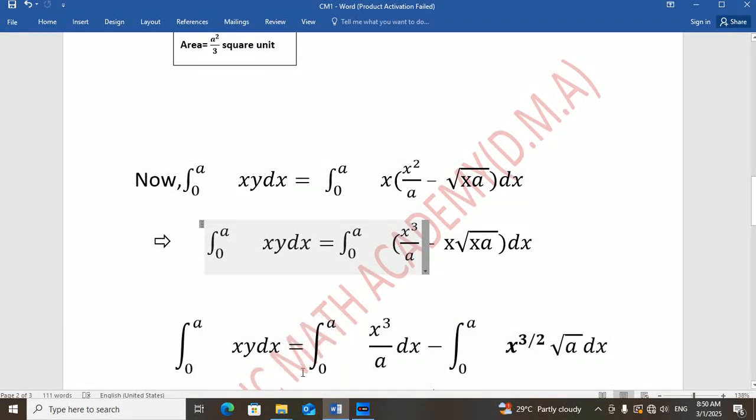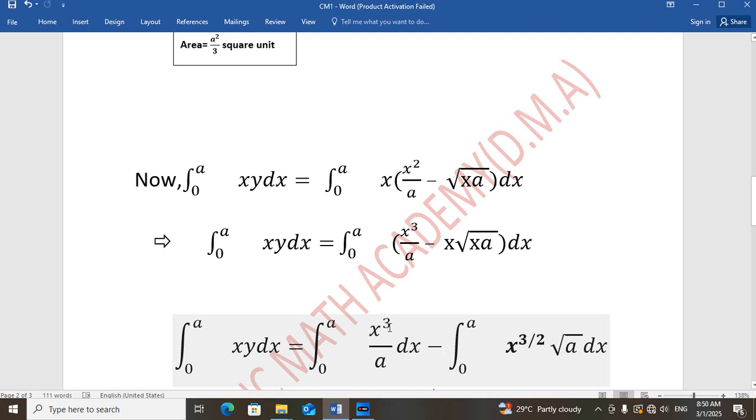The integral from 0 to a of this is the same as the integral of this minus the integral of this. Remember, the square root of x is the same as x to the power half. Then x to the power half times x is x to the power 3 on 2, with a being a constant. Perfect.